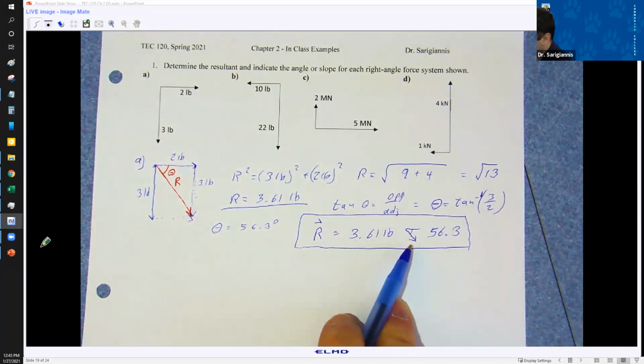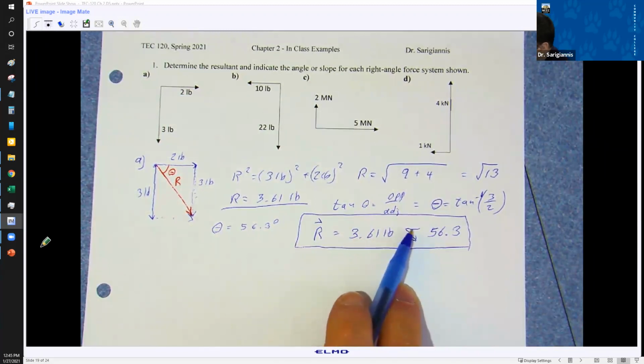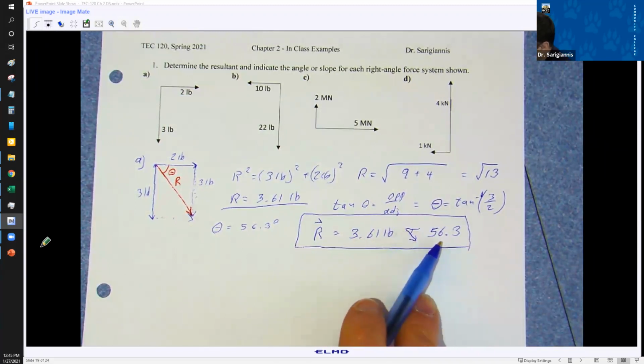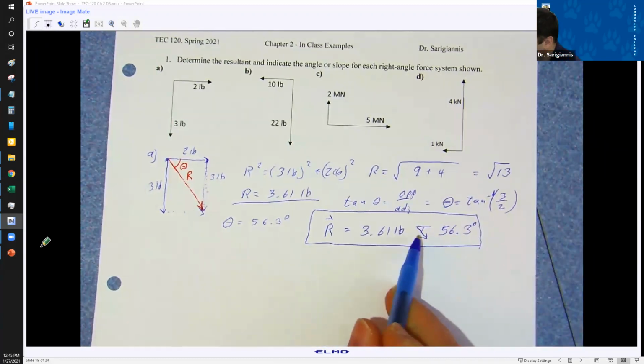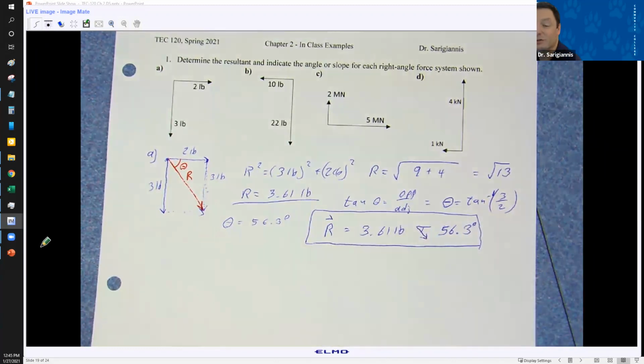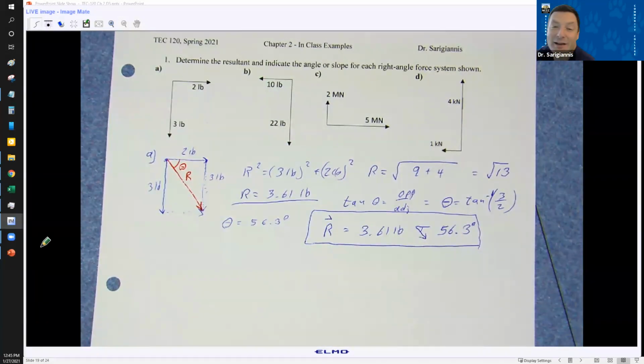But I can denote my angle from the horizontal, right? I can say it's 56.3 degrees off of the x-axis horizontal, right? And that's my resultant. My resultant is 3.61 pounds acting 56.3 degrees down from the horizontal.